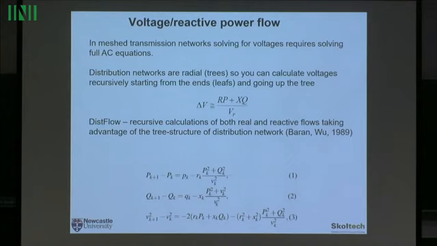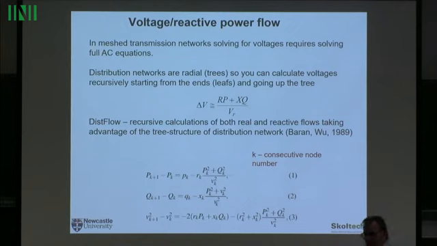You have equations for both real and reactive power. Again, this is for distribution networks only, assuming radial structure of the tree. So you start at the end and calculate real and reactive power and transmission losses in a recursive way going from the bottom. In those equations, k is a consecutive known number. Those k have been numbered according to the order in the tree, so it's not any numbering.